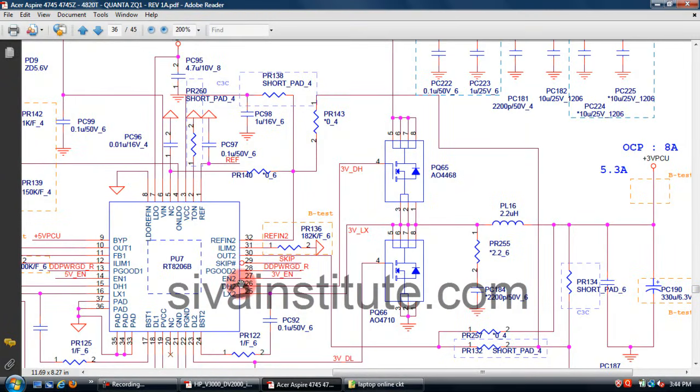When you give 3 volts here, the output voltage comes out from DH2. This voltage goes to this gate. This voltage comes out from pin 18 to this place. So no 3.3 volts. This 3.3 volts goes to the SIO chip. We will see another circuit, another type.